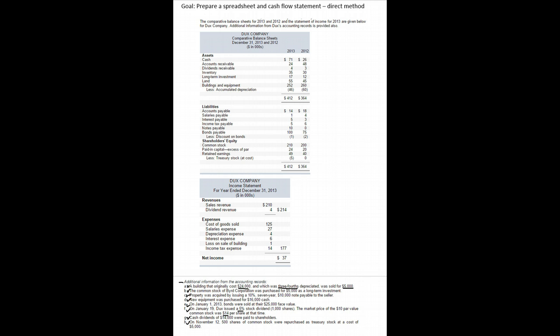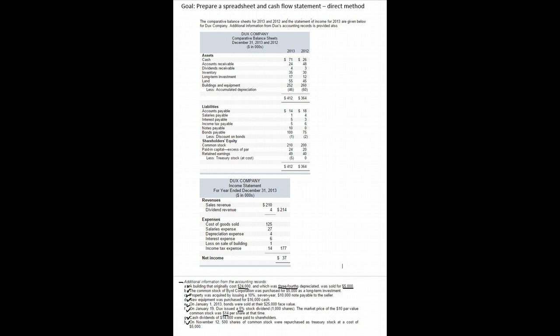In part 1, we looked at how to analyze cash flow from operating activities by looking at current assets, liabilities, and the income statement and putting the changes in those accounts on a spreadsheet.